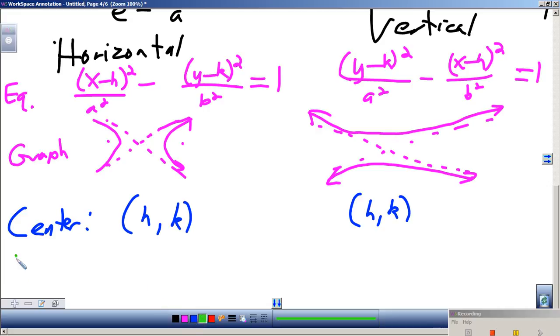And vertices, what do you expect them to be? So, yeah, h plus or minus a. And the y part, okay, over here.